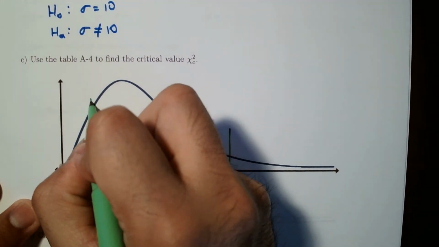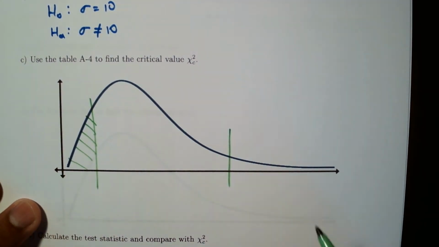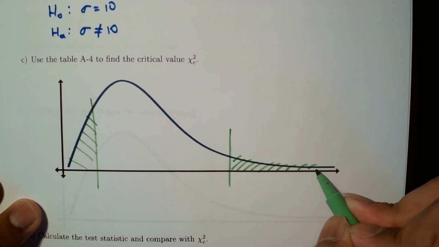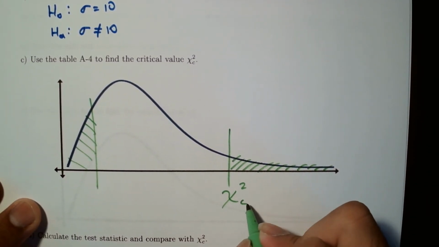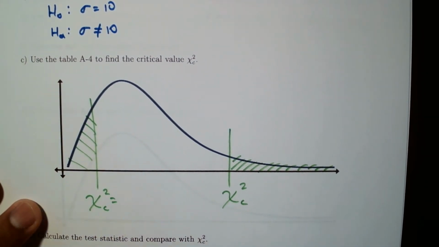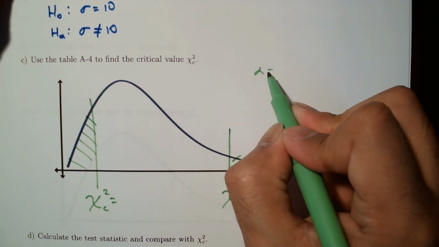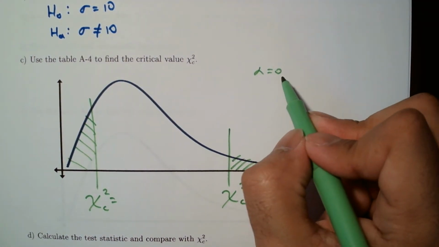So two tails, one tail here, the other tail there. Therefore, we are going to find two different critical values, with alpha 0.05.